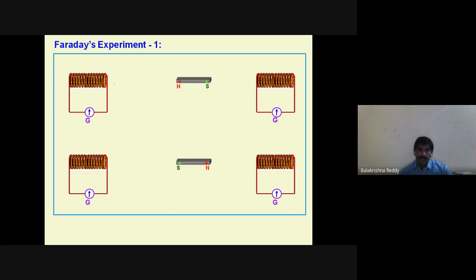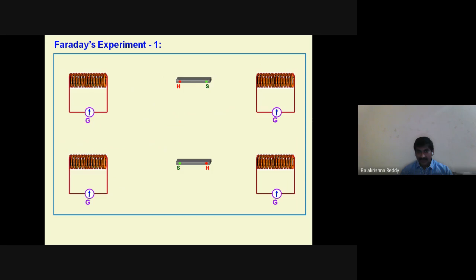By the north pole, what type of change comes here? By the south pole, what type of change comes here? We have to see. North pole in the sense the magnetic field lines come out and move towards the coil. From the south pole, the magnetic field lines go inside only, but the coil experiences some field around it.